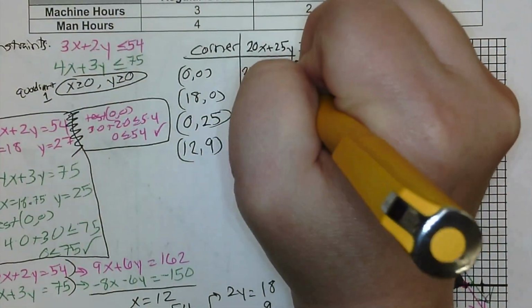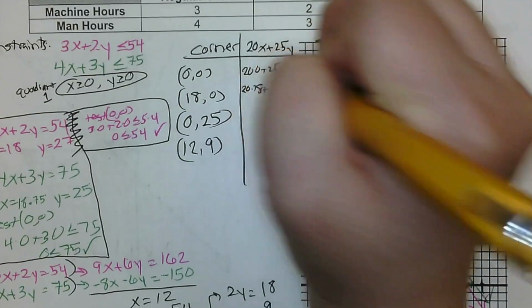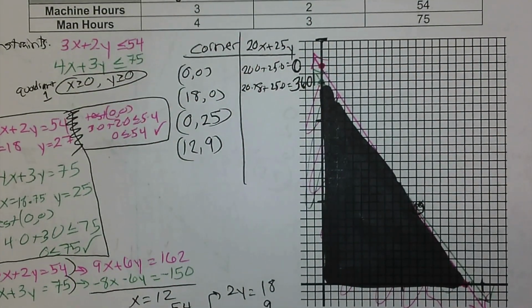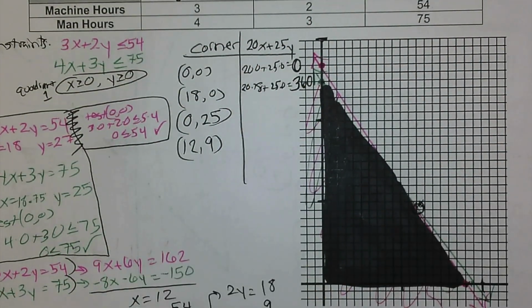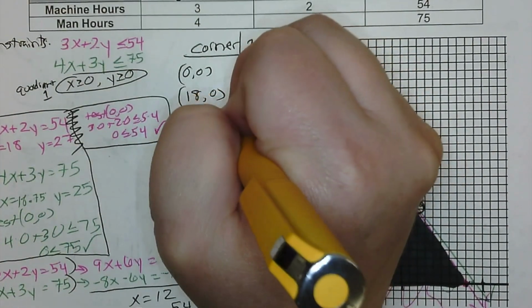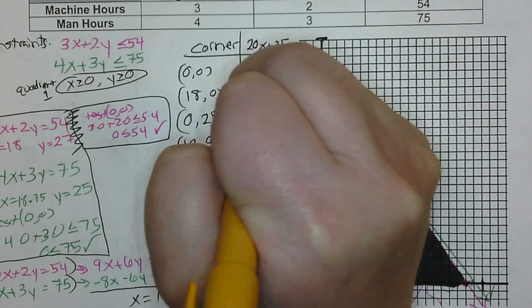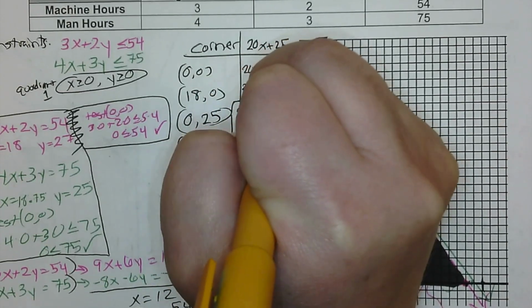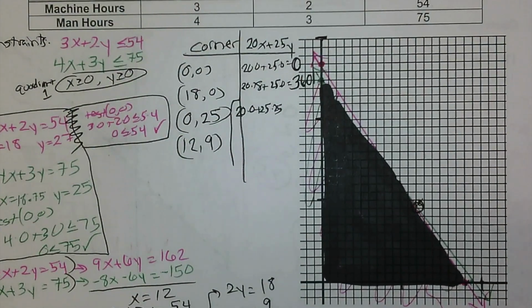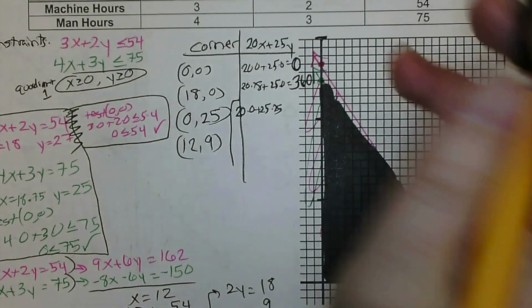So we get 360. I wish I would have scooted it over just a little bit. Actually, I might just start to the left of the line here. 20 times 0 plus 25 times 25. 25 times 25 is 625.